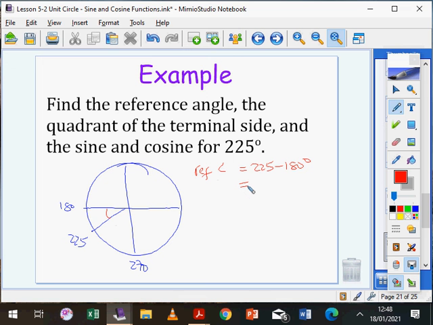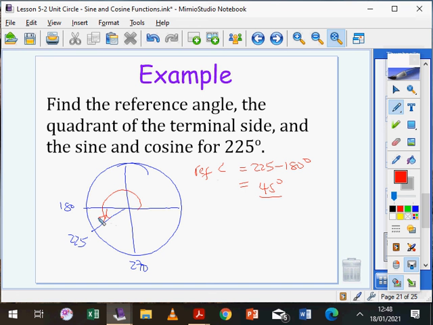Okay. What else do I need to do? Find the quadrant of the terminal side. Because it was positive, the terminal side is this one. The quadrant of the terminal side is the third quadrant. And find the sine and cosine for 225.